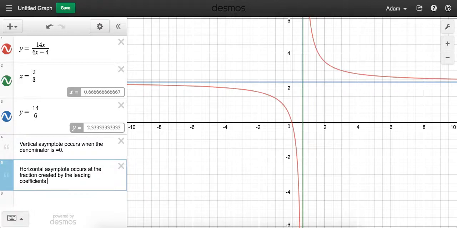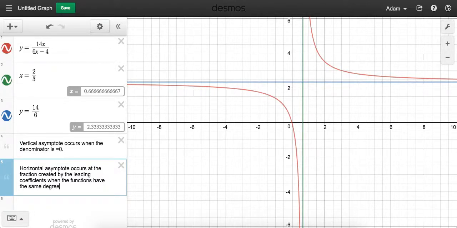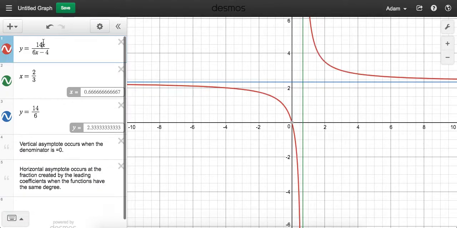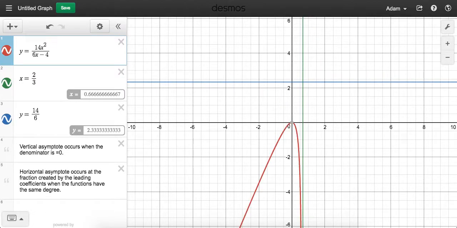But there's a caveat here, and it's only when the functions have the same degree. So both of these are to the first power. So let me change this. If I make this to the second, ooh, things look a little different now.